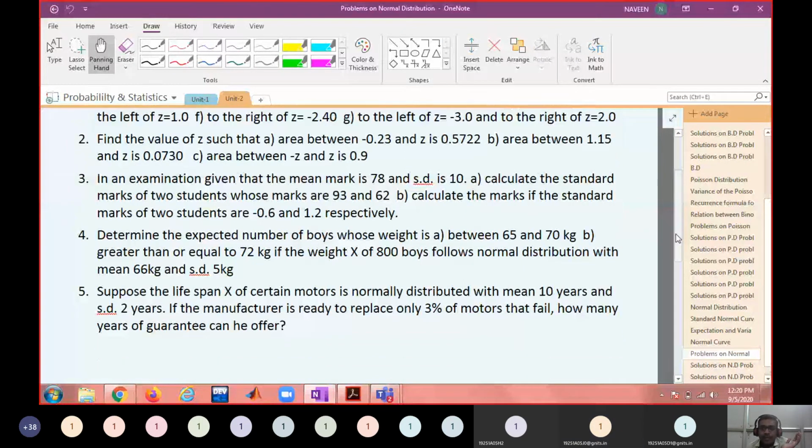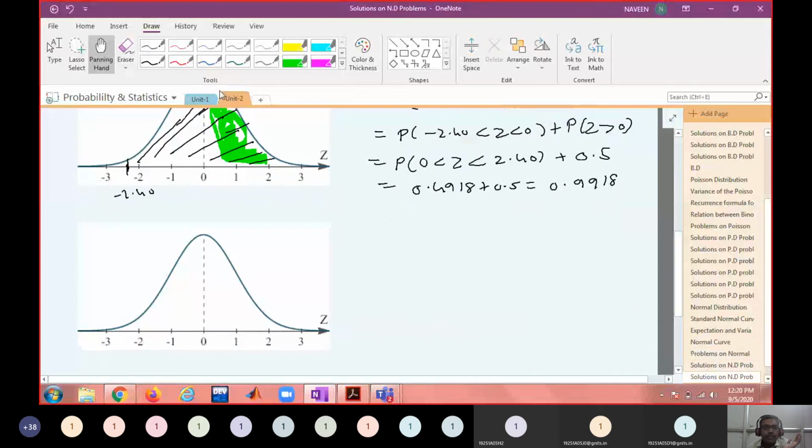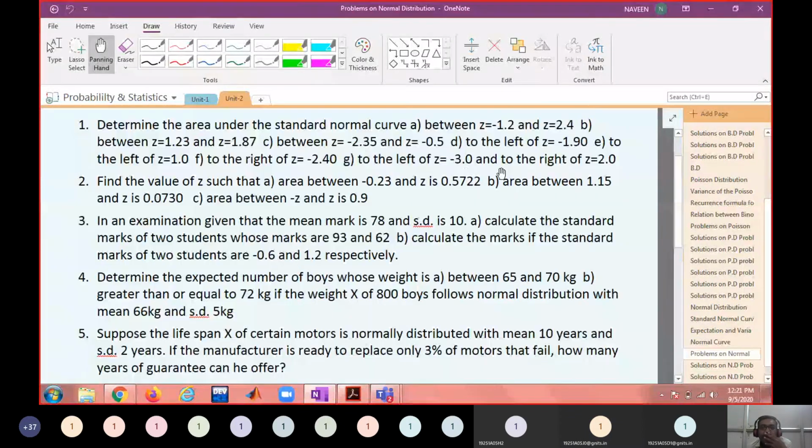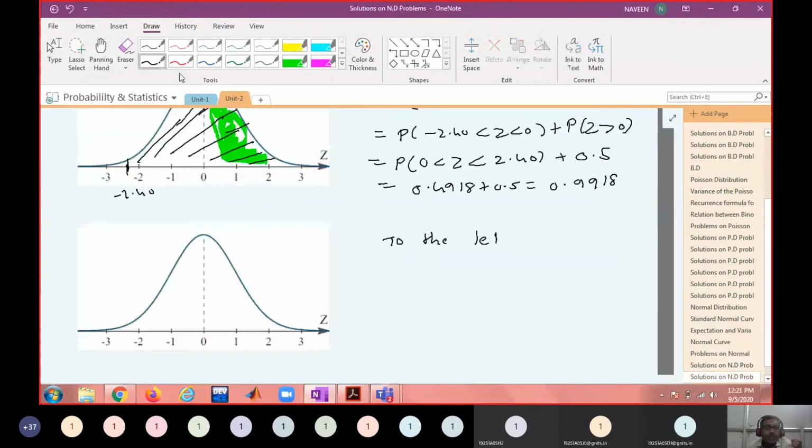To the left of minus 3.0 and to the right of 2.0.